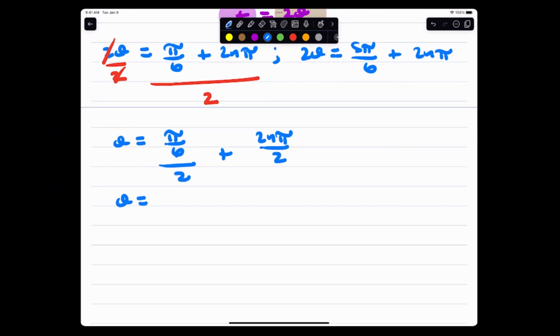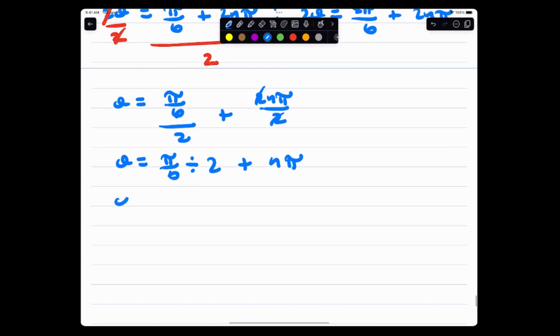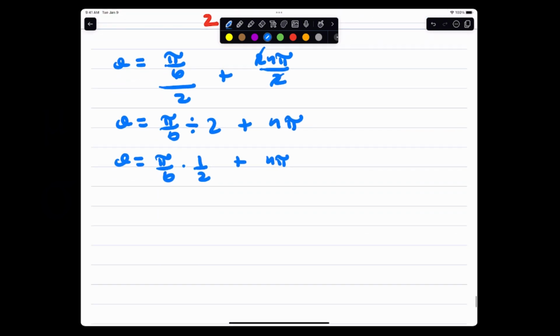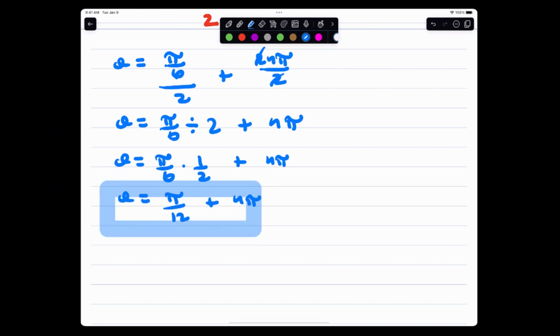And so for that first theta, you guys remember your arithmetic? What happens when you divide by a whole number? Here the 2's cancel. You get n pi. So here you're going to write pi over 6 now times 1/2 plus that n pi. And you can get theta being pi over what? 12 plus n pi. So here is going to be your first what? General solution in terms of theta.